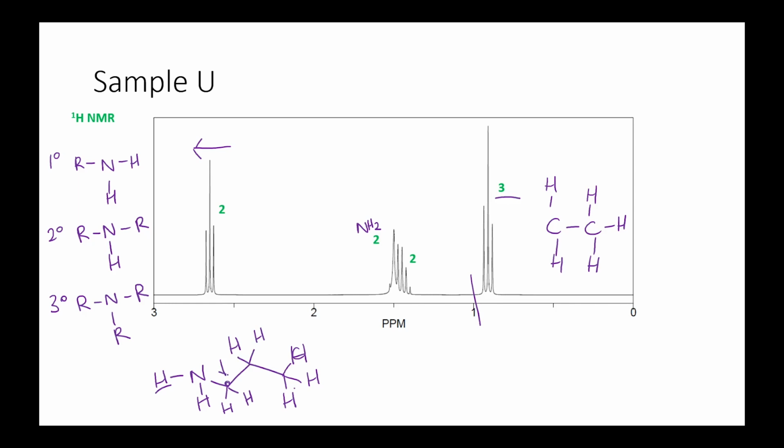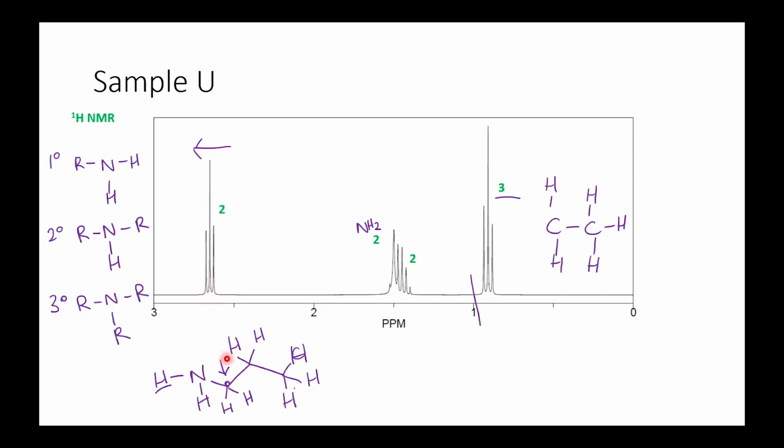Which means this carbon here, which has 2 hydrogens attached, is only affected by these 2 protons here in this environment here. So we would expect this signal here to integrate for 2 and to be split into a triplet, which is what we see with this signal here.